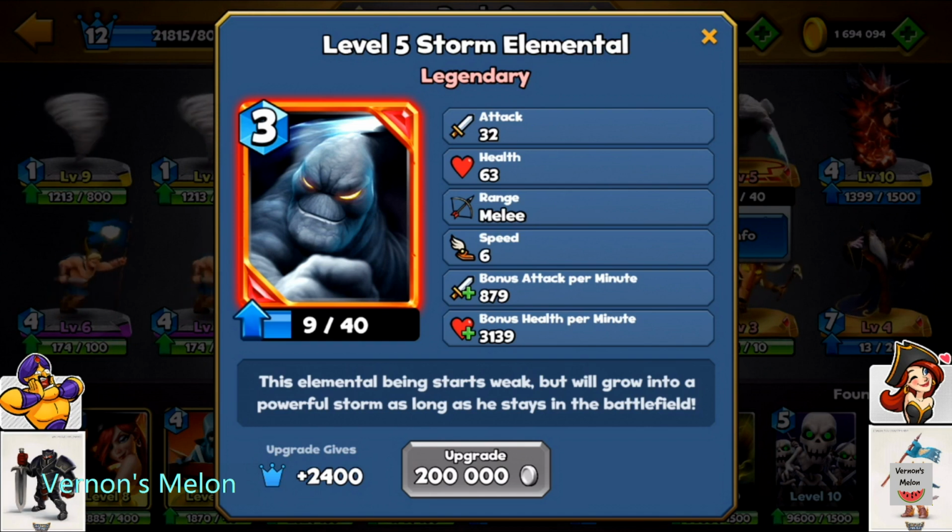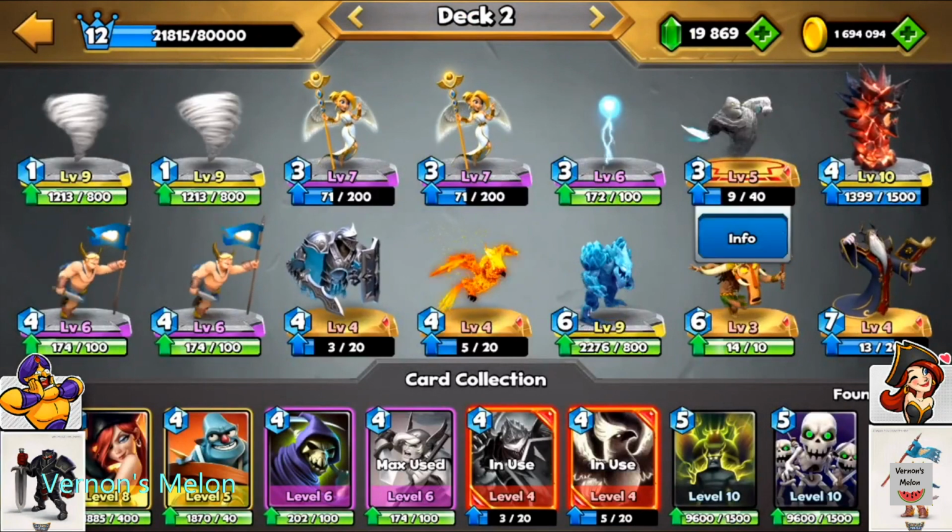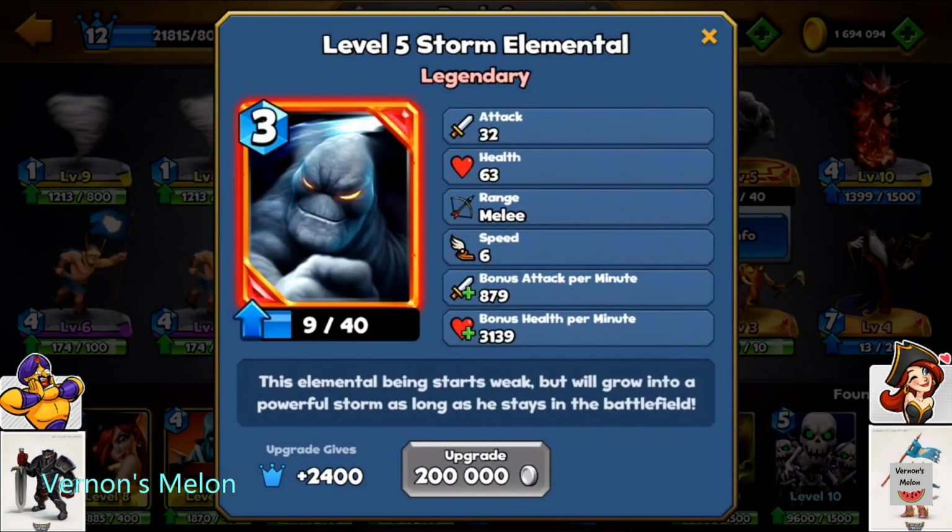The same stats that the Storm had grown from level 5 bonus will remain, but from that point on, when I put my Giant Growth, the growth rate will change into the level 2 Storm Elemental's growth rate. What has been grown will not get deducted, but the growth rate is what changed.